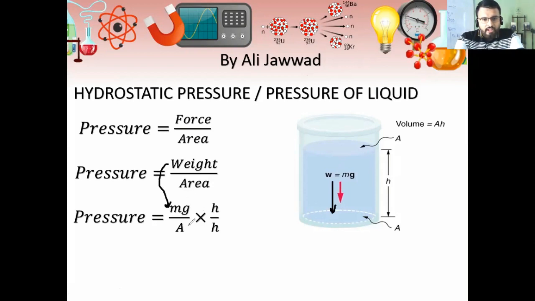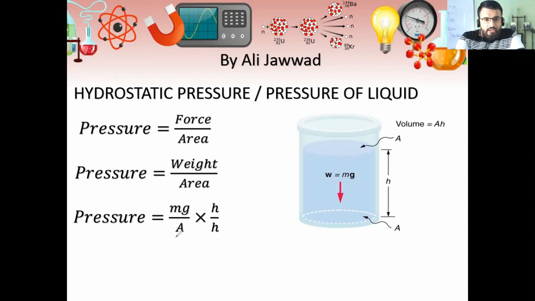The area remains the same. And to do a mathematical trick over here, we have multiplied and divided the whole equation by h, because h will cancel out and the equation will not get affected in any way. But why we have done it, you will learn in the next step.